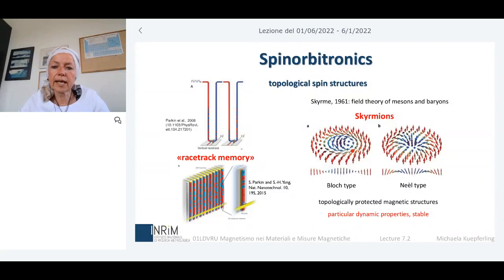We can create these very stable magnetic structures, which are also faster than domain walls. So they cannot easily be destroyed and they are faster.